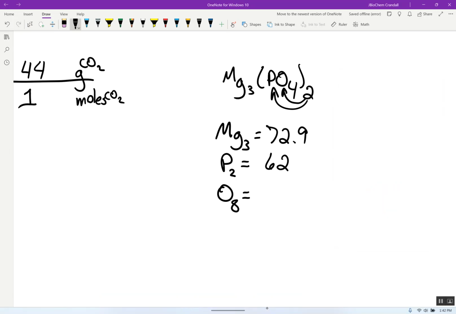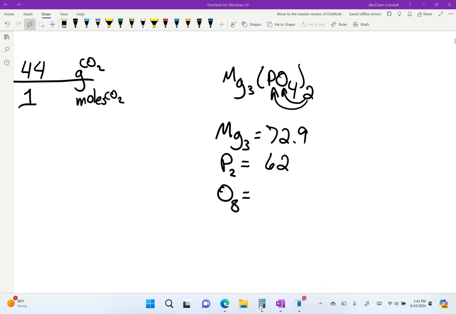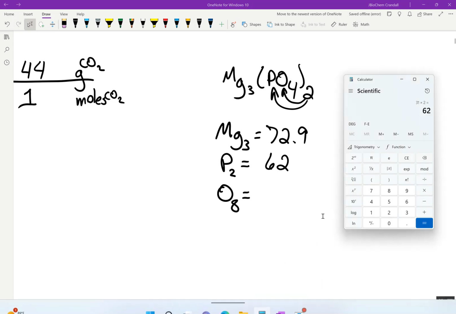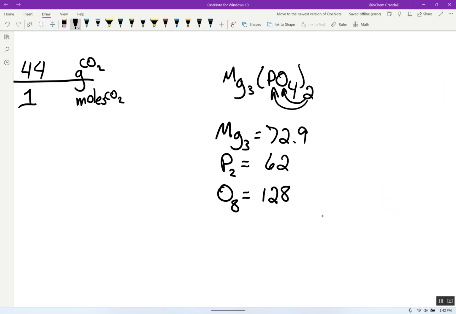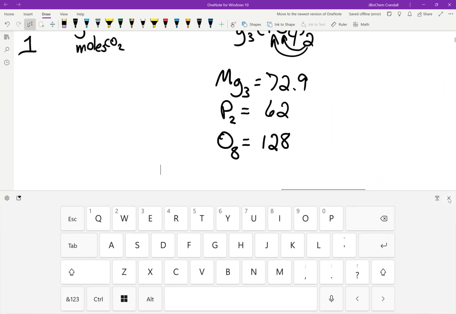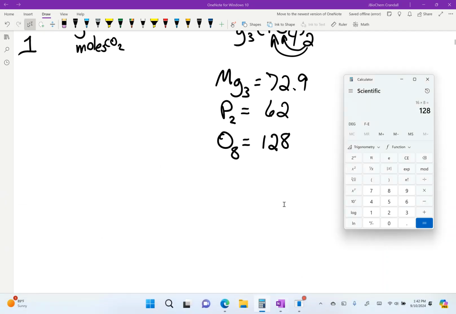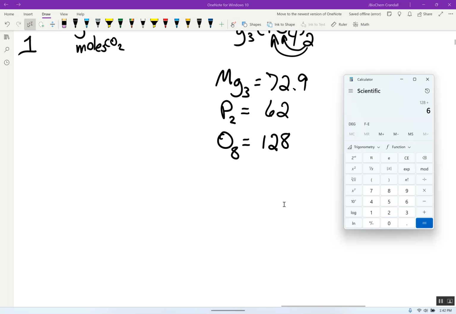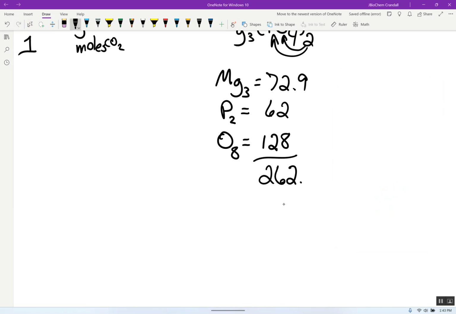And for O8, we're going to take 16 times 8 and get 128. Plus 62 plus 72.9, and we're going to get 262.9. And that's how we'll find those formula masses. Okay? All right.